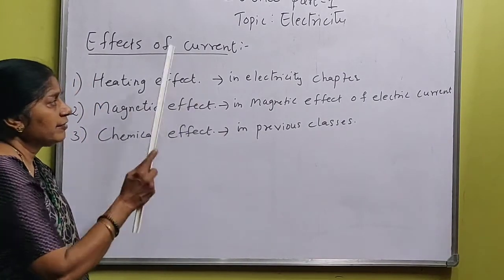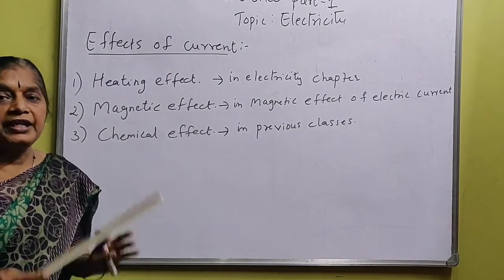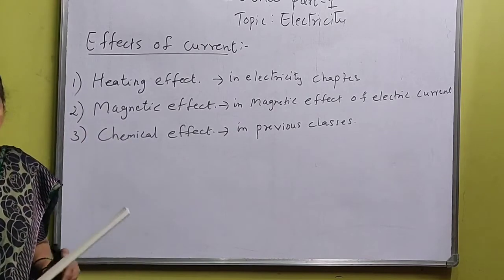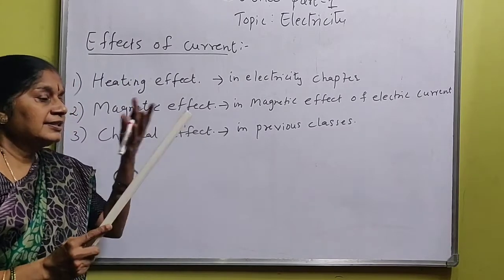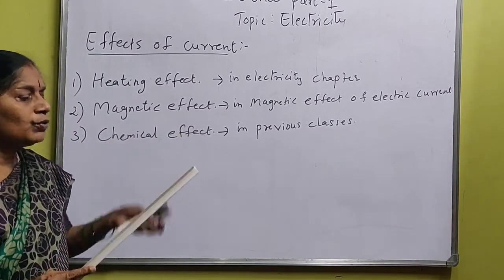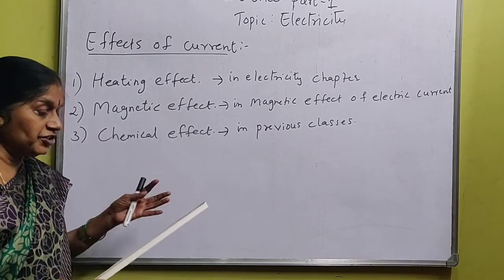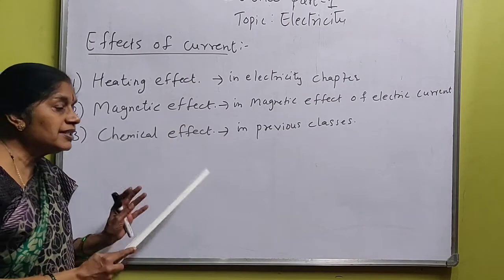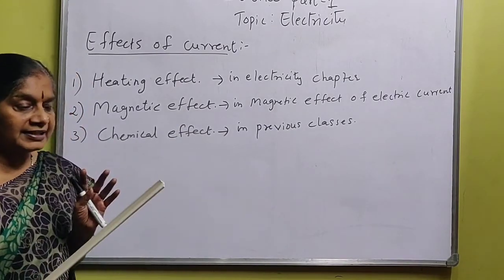Heating effect means whenever the current is flowing in a device, for example, you are using a mixer grinder. You have taken some rice to grind into flour. When you switch on, the machine starts working. You have used that grinder machine for 10 continuous minutes.